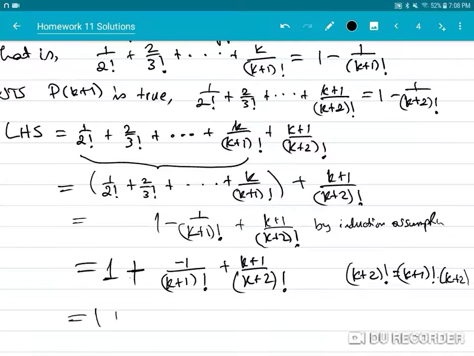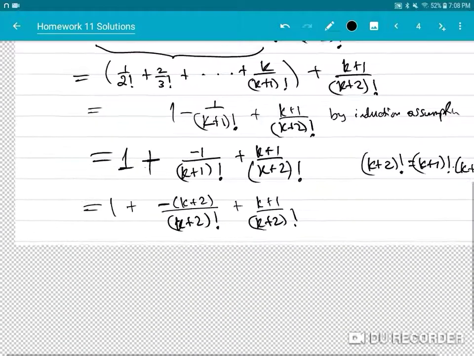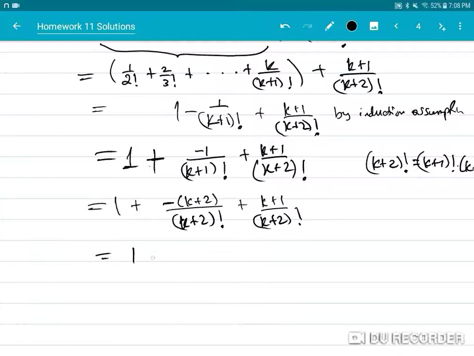So I'm going to put 1 plus minus of k plus 2 plus k plus 1, which gives me 1 plus minus k minus 2 plus k plus 1 over k plus 2 factorial.